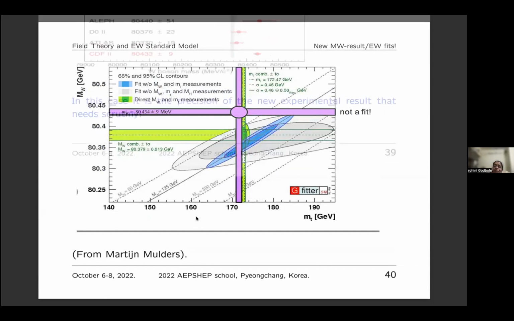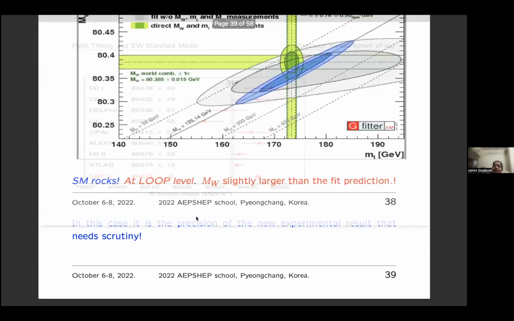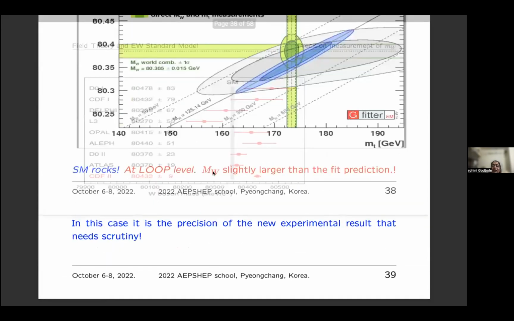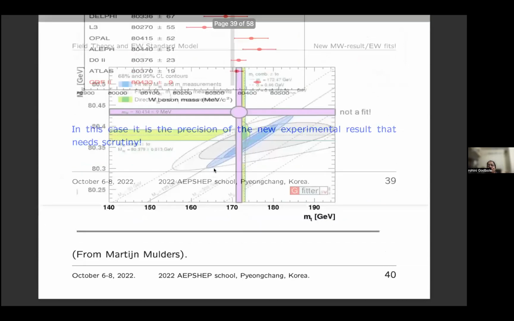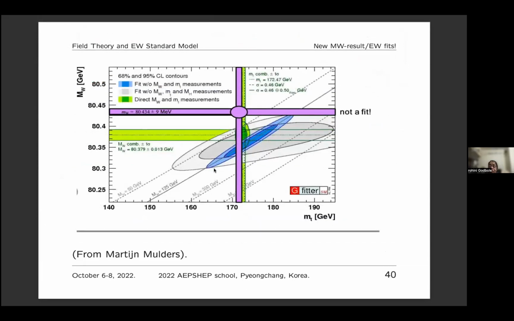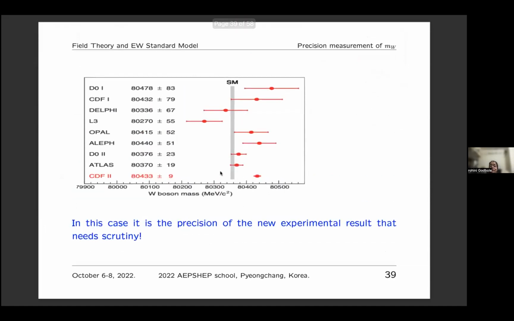So this is the same plot that I had here. And if the direct measurement was only the CDF measurement, not fitted, this is not a fit, but only the CDF measurement, if you plotted it here, you actually saw that there will be a huge discrepancy. That is the big difference. This is not a fit value, but this is what it would look like.